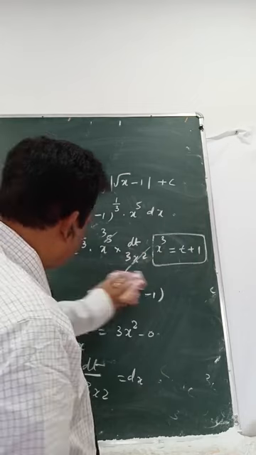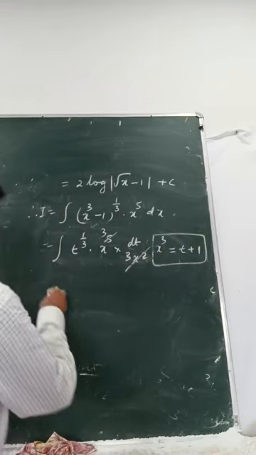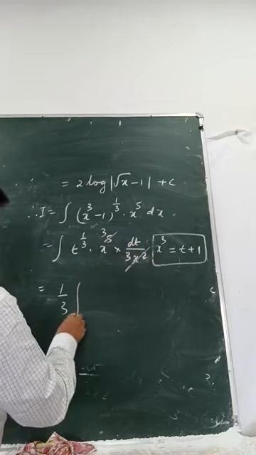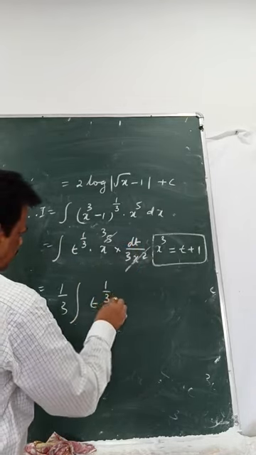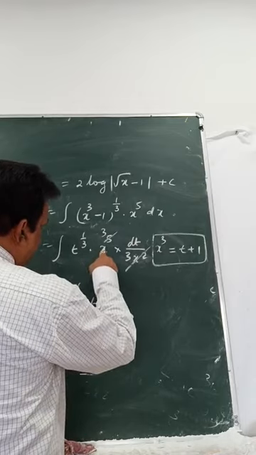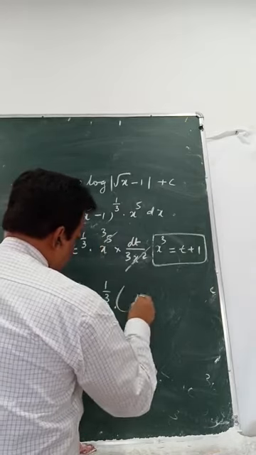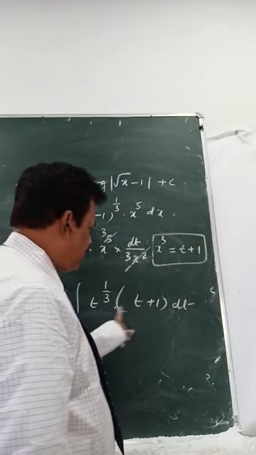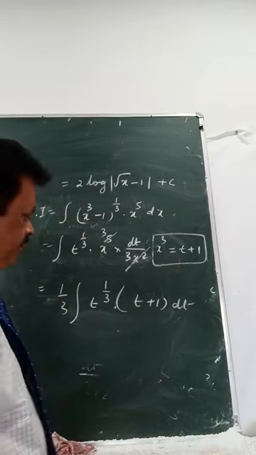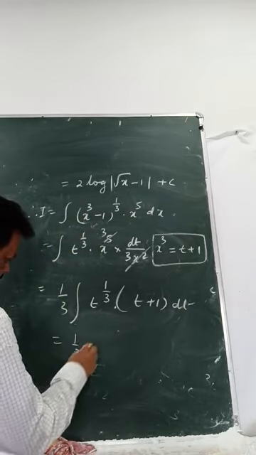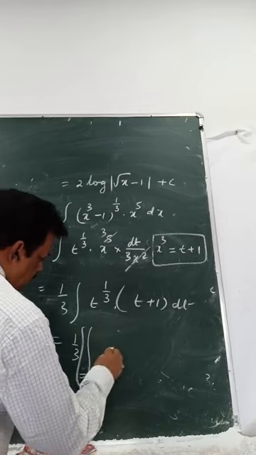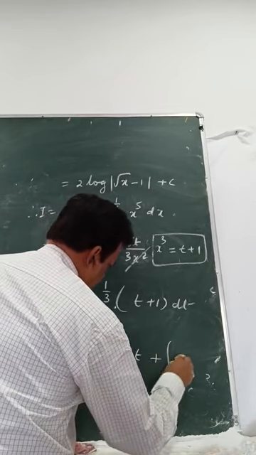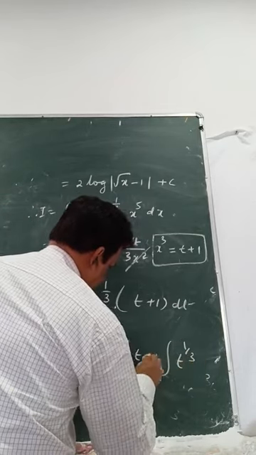So that becomes 1 by 3 out, t to the power 1 by 3, x cube. Look at your x cube: t plus 1 dt. And now you multiply the powers. So multiply the terms. So you get 1 by 3, t to the power 1 by 3 into t plus t to the power 1 by 3 dt.